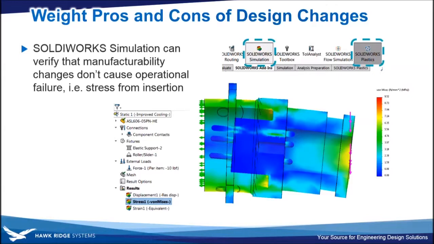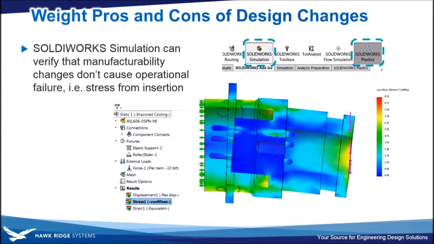So for example, if I want to know whether or not I'm going to break the part when I try to pull this connector out of its socket, by bending it to the side or something, I can weigh those results in addition to anything that I've seen from SOLIDWORKS Plastics to make sure that not only is my part going to be manufactured at a high level of quality, but it also will still work in the field when I actually put loads onto it or any other usage situation.